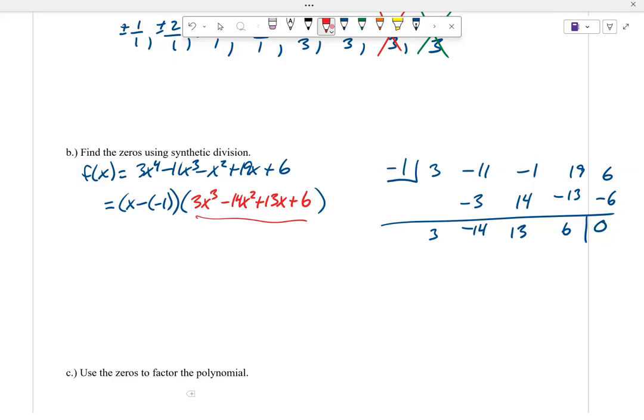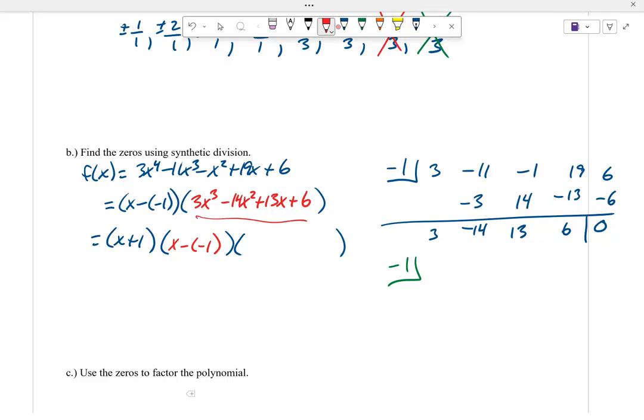So let's just make sure that I don't have a double 0. So let's see if negative 1 is a repeated 0. Let's just test.